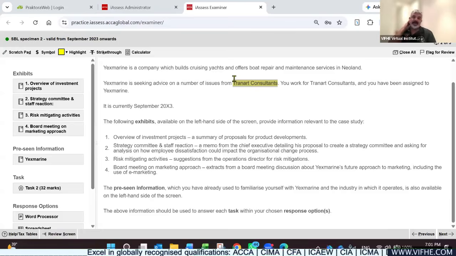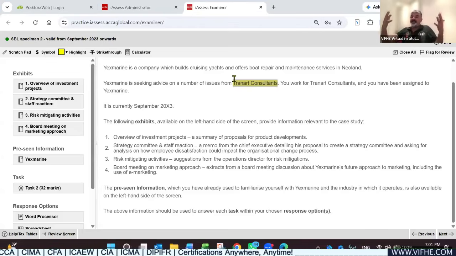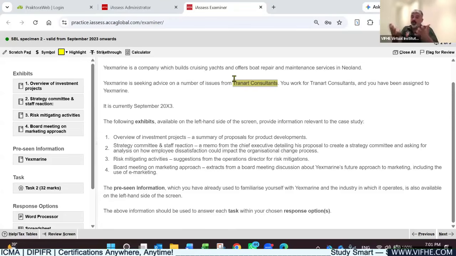So when you are an external firm like Tranart Consultants, then you will adopt a third party tone of drafting. You will talk like an outsider. When you will be talking to the CEO or the company, you will say you, yours. Okay? You will be speaking like an outsider, third party.